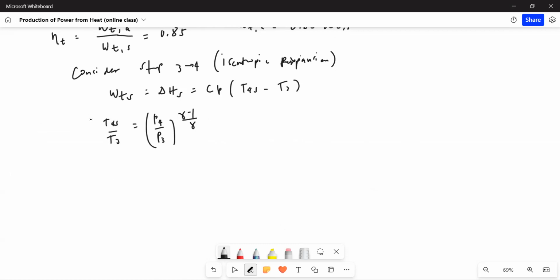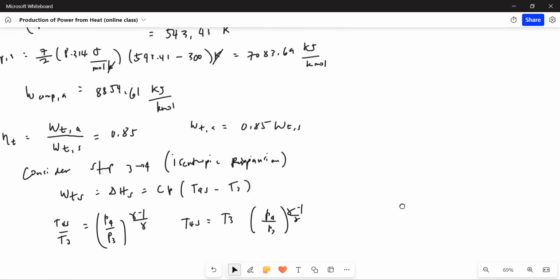Solving for T4s, it is simply T3 times P4 over P3 raised to gamma minus 1 over gamma. Substitute everything, because we already know everything. Tama ba?